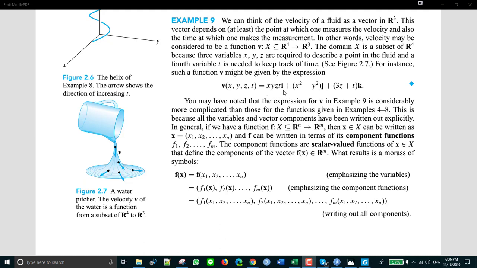Because you put in these, and then you plug them in here, and you get out a vector. So what does that mean? Right here, I put in this position, x, y, z. This point has a position, so it has x, y, and z coordinates. I put that in, and I get out some vector.